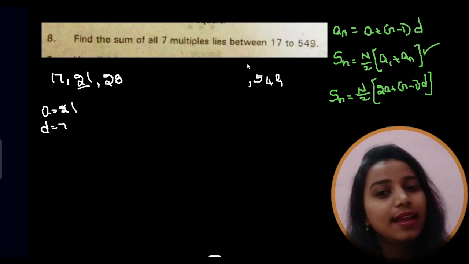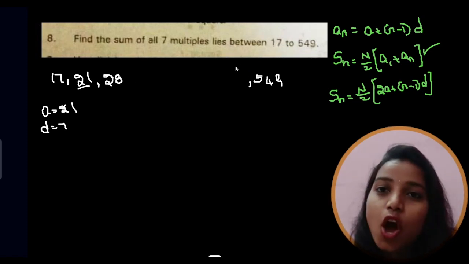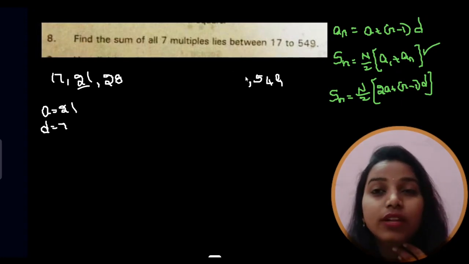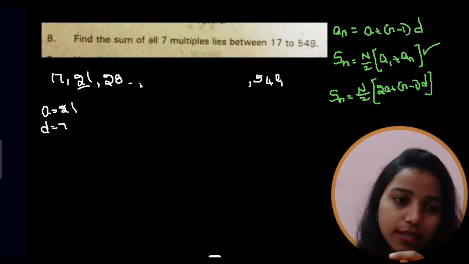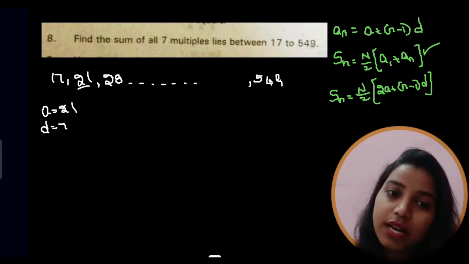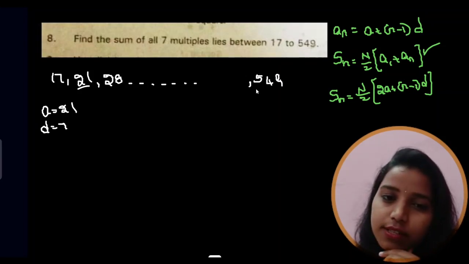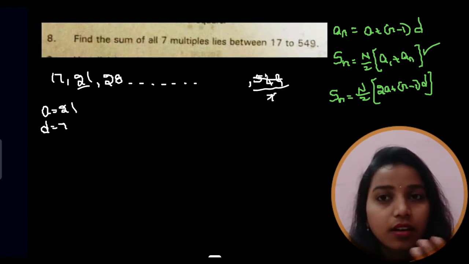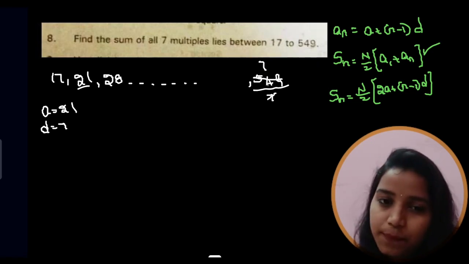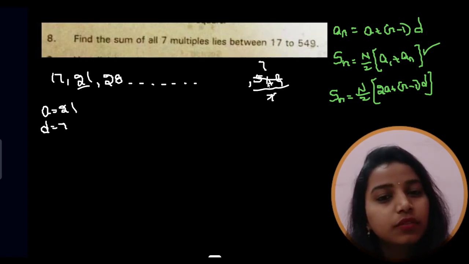Got it? And now coming to the nth term. We don't know how many numbers are there in between this given range. So let's go with the last number. Let's check with the last number. What is the nearby number which is a multiple of 7? Simply check here: 7 ones 7, 7 sevens 49, and 7 eights 56.